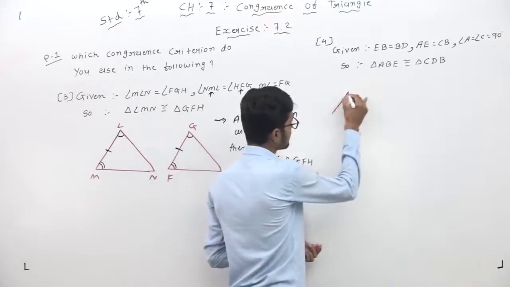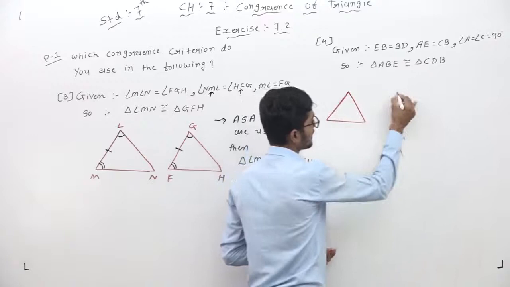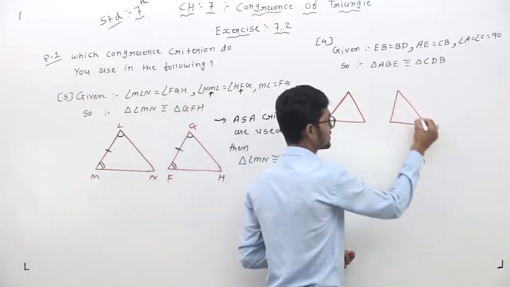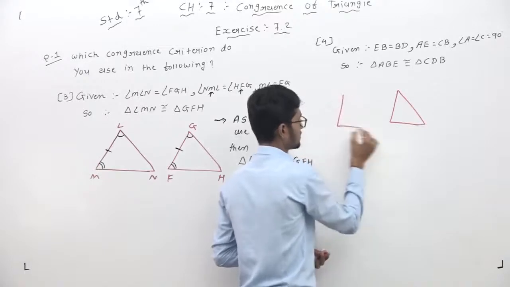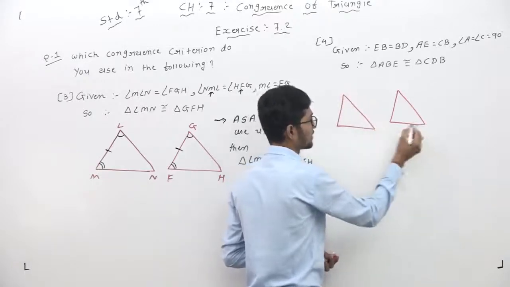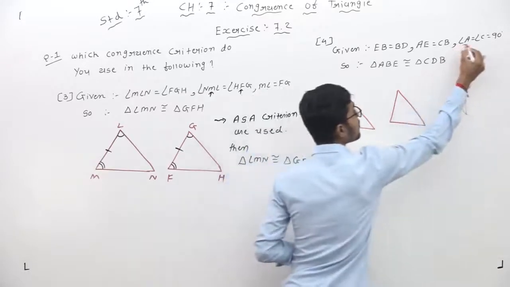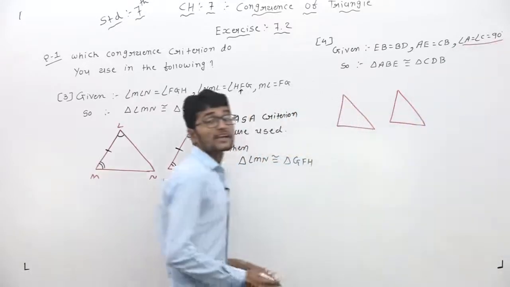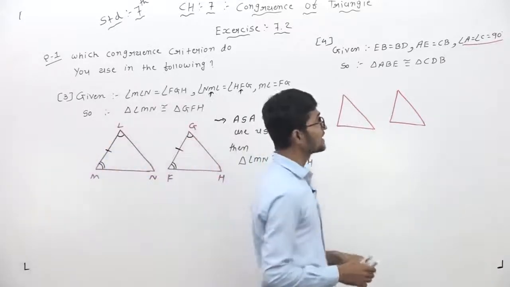This one is my first triangle and this one is my second triangle. This type of triangle, why? Because angle A and angle C are equal to 90 degrees, so this one is a right angle triangle.